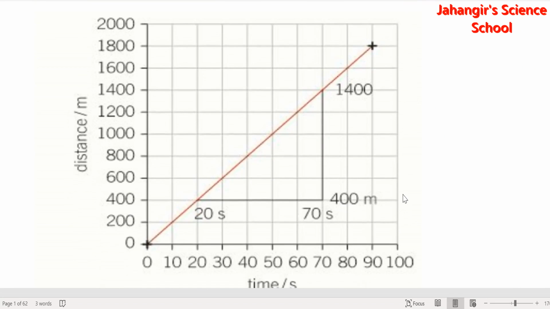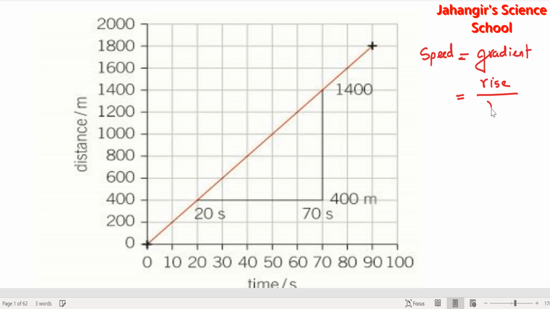Look at this graph. Here it is a distance time graph. If we want to calculate the speed, then we have to calculate the gradient of the distance time graph. So how can we calculate the gradient?